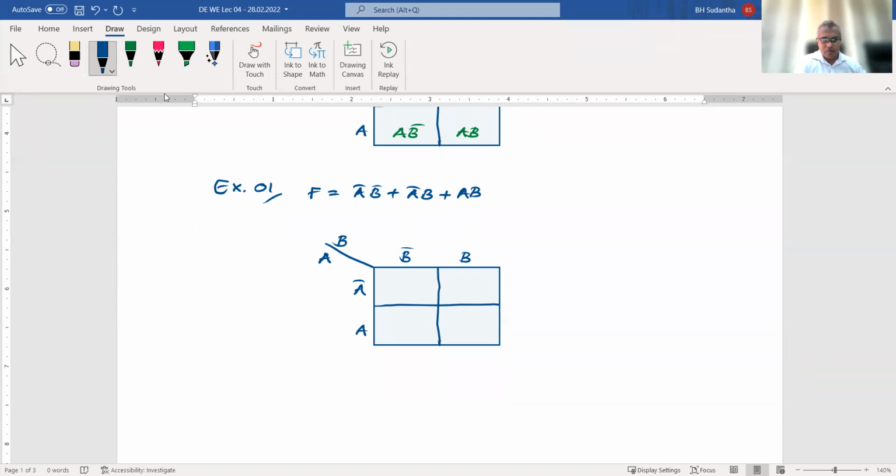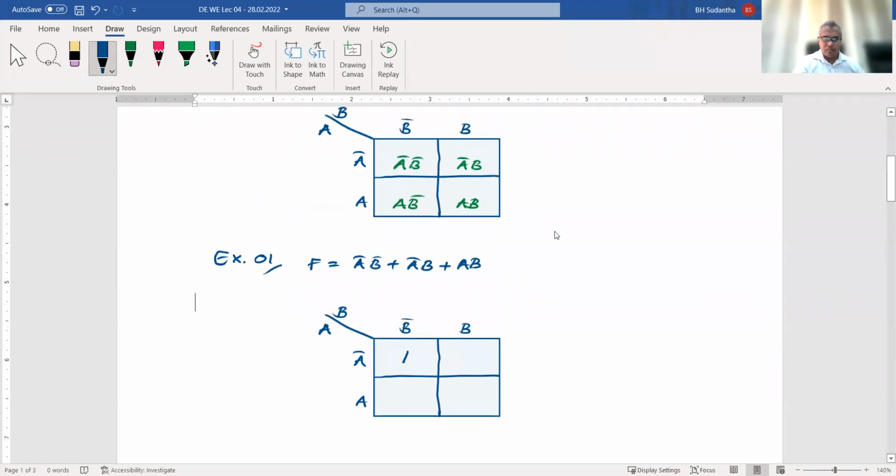Because we have A bar B bar, we mark 1 here. This is the A bar B bar grid, so on the A bar B bar grid we put 1. Why? Because A bar B bar is in our equation. Next one, A bar B. Here also we put 1.